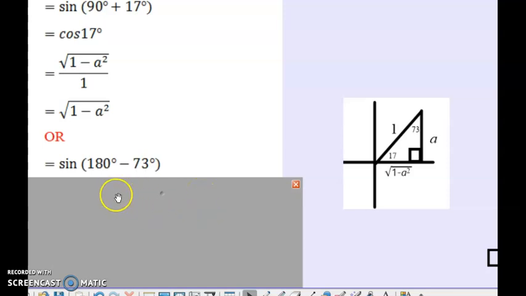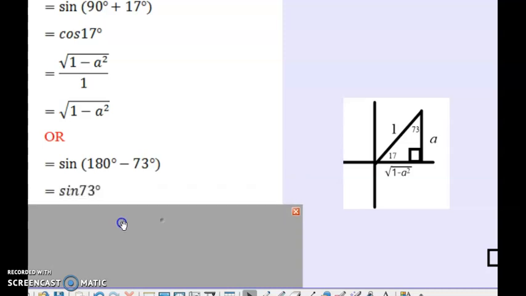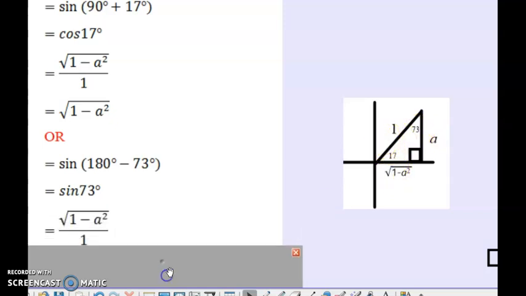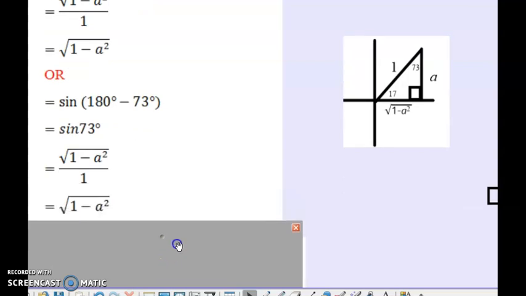Through reduction this would have been sine of 73 degrees. If I'm standing at 73 degrees, sine is the opposite side over the hypotenuse. My answer is exactly the same as when I went the 90-degree route.